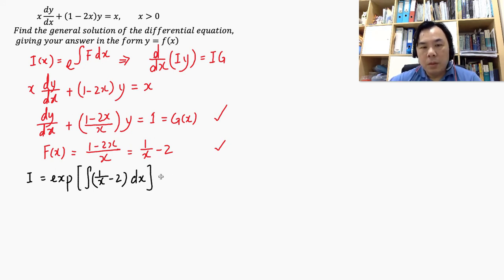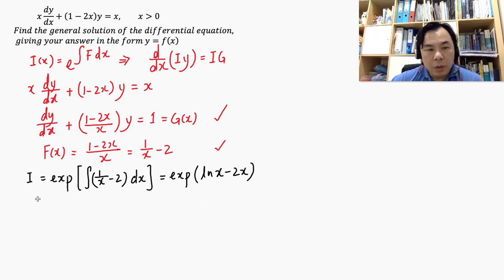Now first step is we're going to integrate this. So by integrating this, we will have ln x minus 2x. That's what we have, right? So from here we can further simplify it if we can.